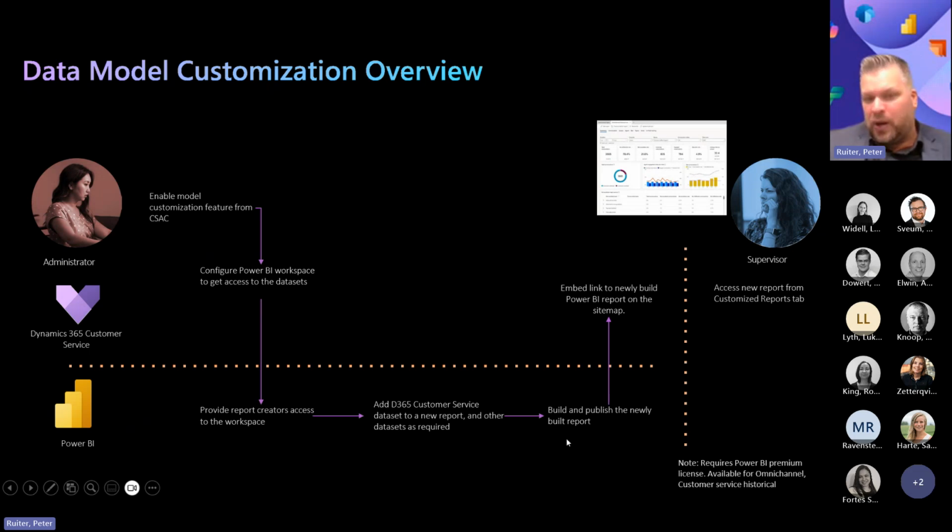You do that through Power BI, and then you publish it back to Dynamics, and then the supervisors or agents, depending on who you want it to be for, can actually consume the report. Mind that this requires a Power BI premium license, right? If you do not have this, you cannot consume the report.